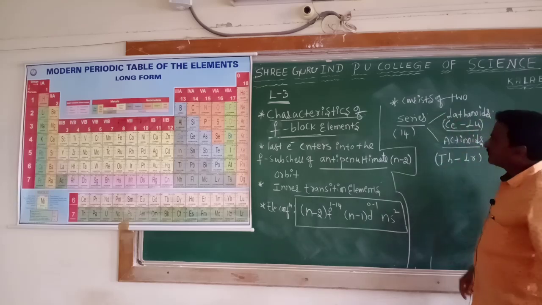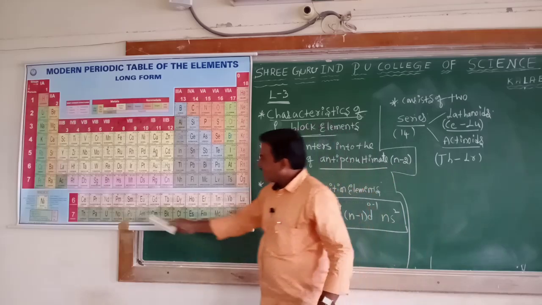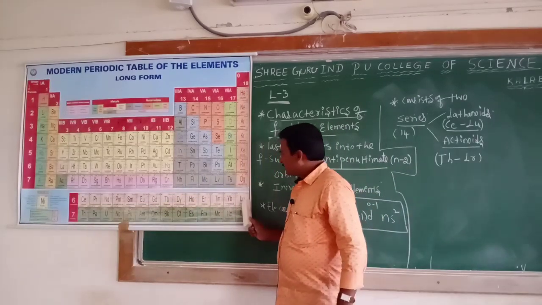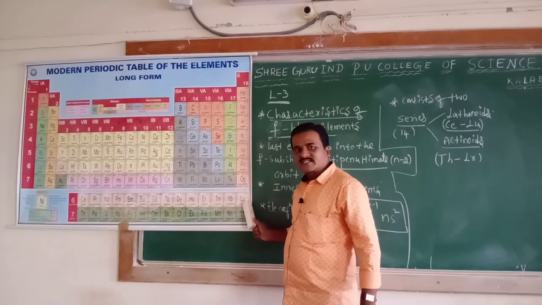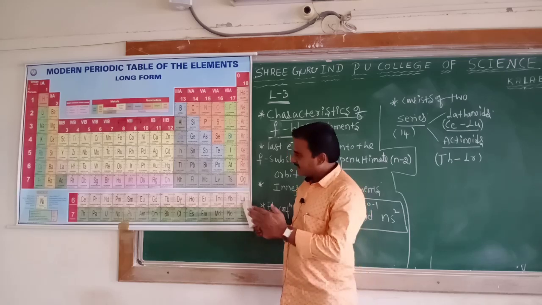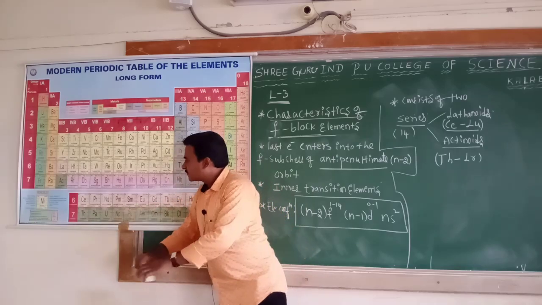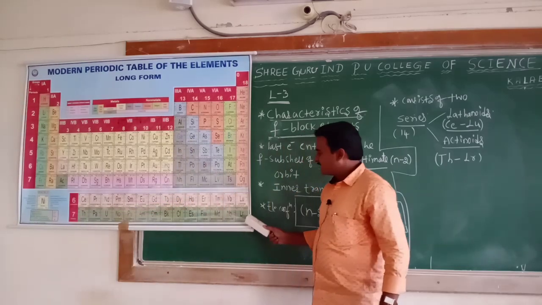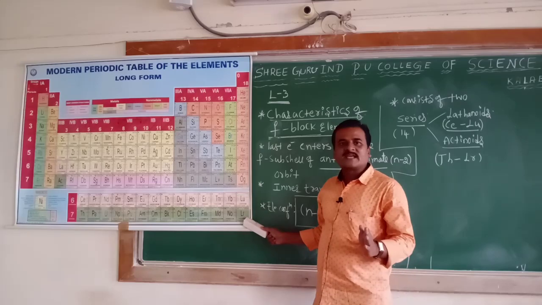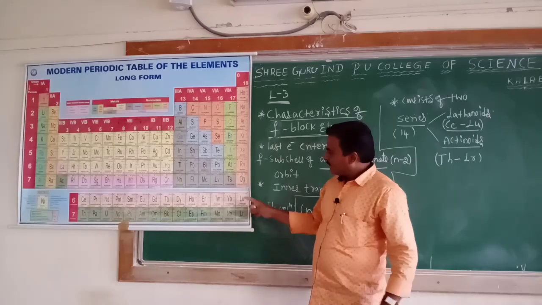Cerium to lutetium forms the lanthanoid series, and the second series of f block elements, thorium to lawrencium, forms the actinoids.